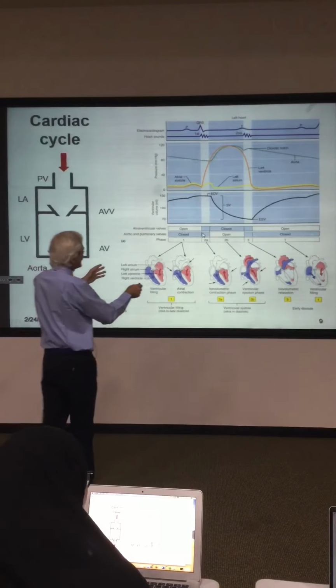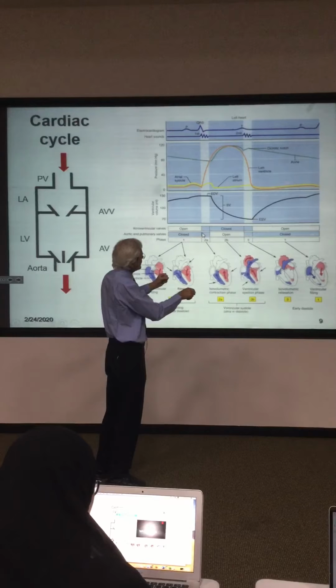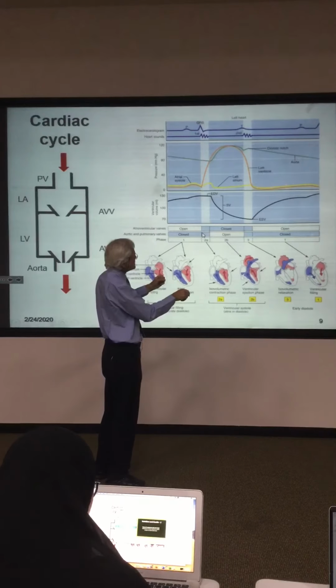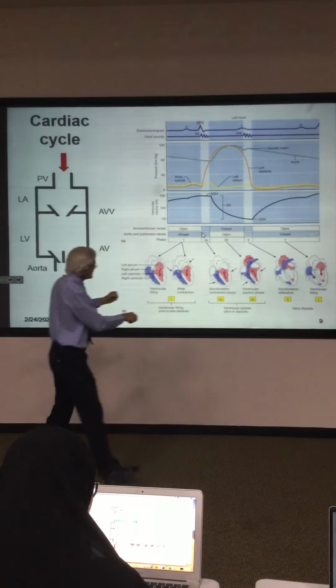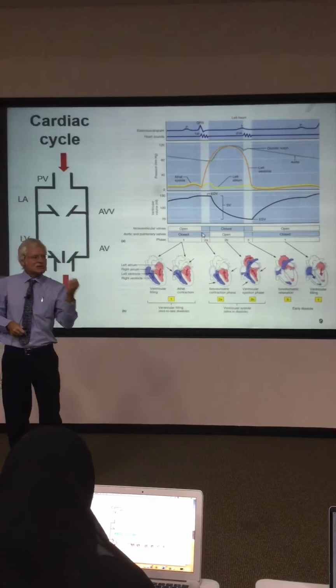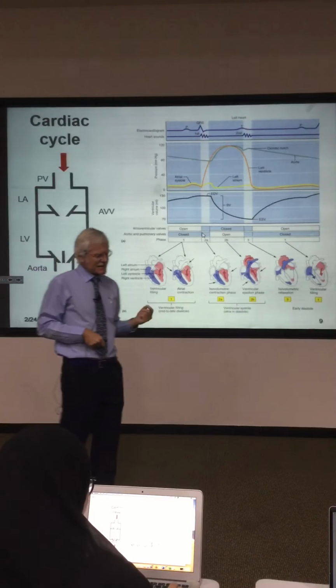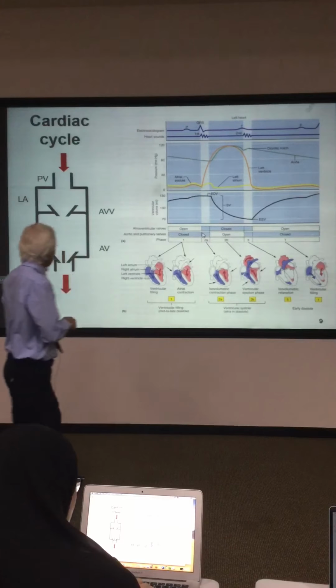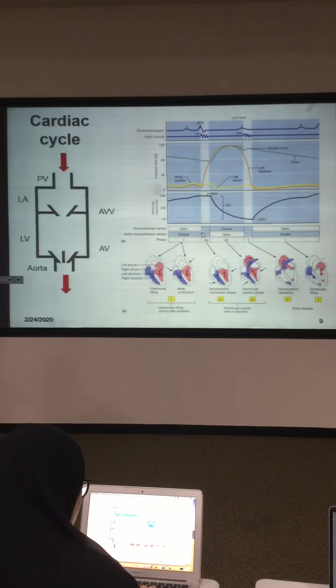So looking at the yellow here, we can see there's not much pressure change here. We come to the cycle, remember. You can see towards the end there's an atrial systole. So what does that mean? It means that as the atrioventricular valve opens, here it is opening, blood will move from the left atrium into the left ventricle, won't it?